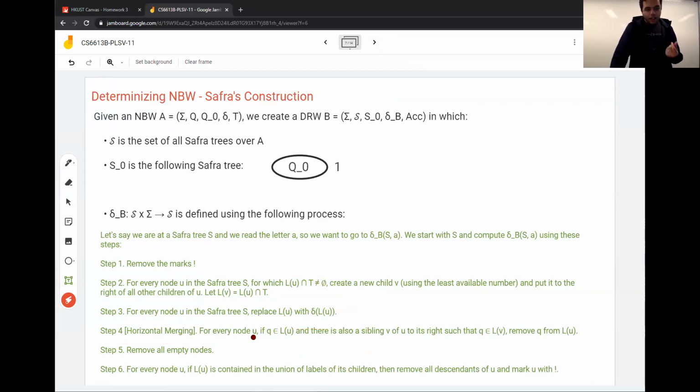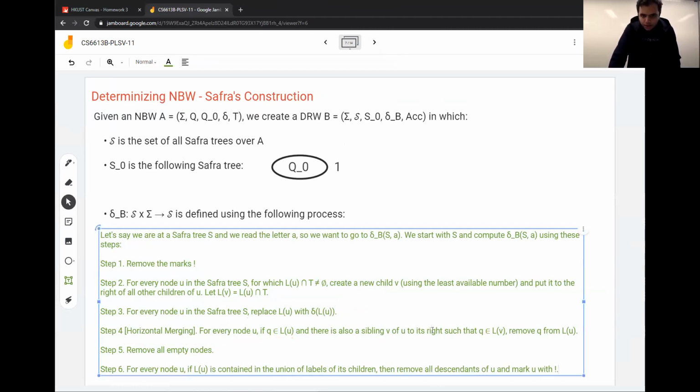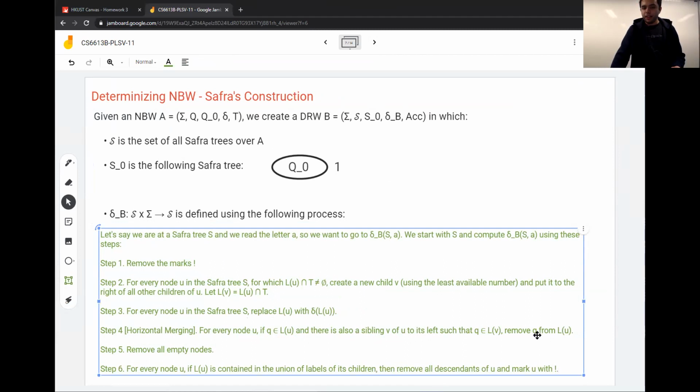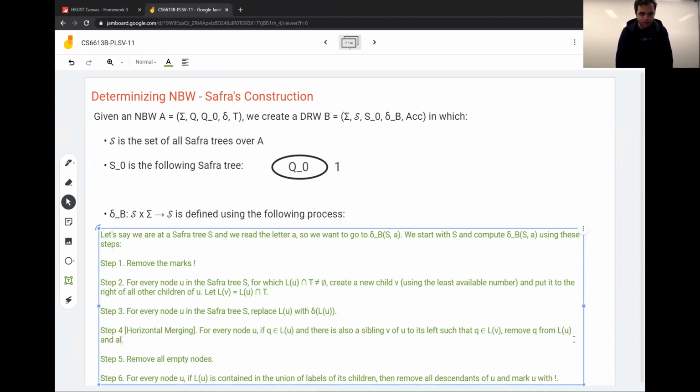So if I have a node U and I have a state of the original automaton Q, and if Q is in U, and if there is also another sibling V of U that is to the left of U and also contains the same state, then I can remove this state from U, and also from all descendants of U.